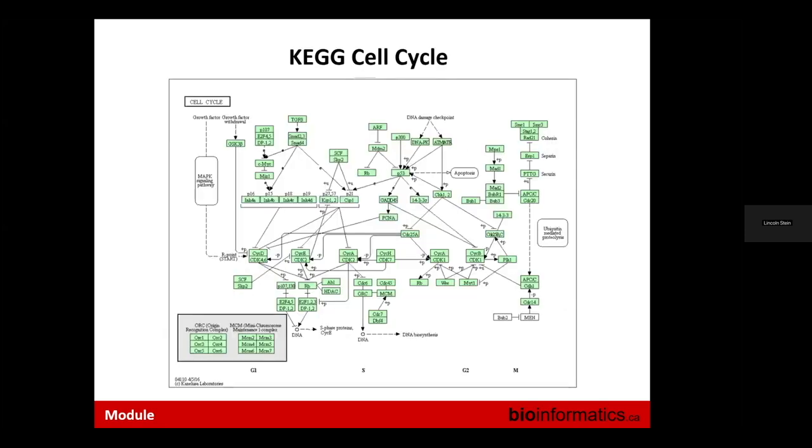So here's what a typical KEGG map looks like, representing the cell cycle. One of the features of this is that each of the molecular interactors is described using a UniProt number, so it's well known, and each arc is described using an EC, enzyme catalytic number.